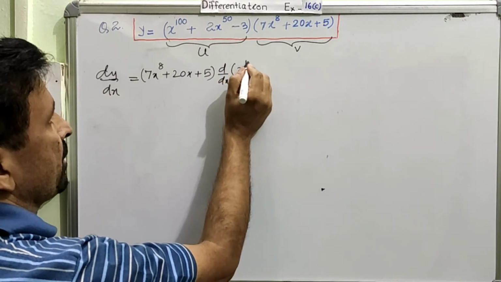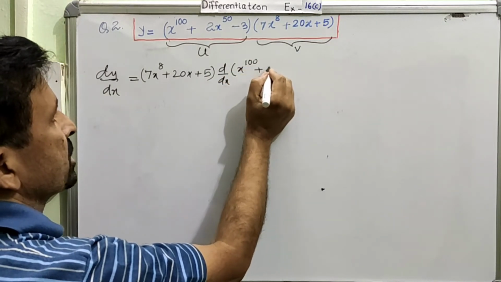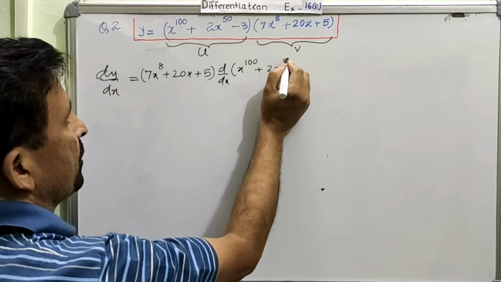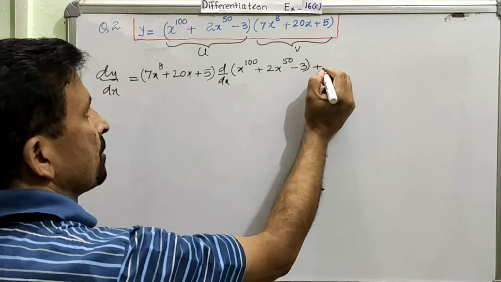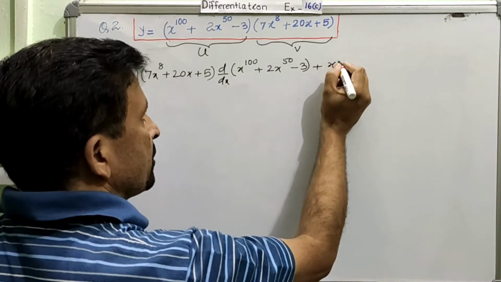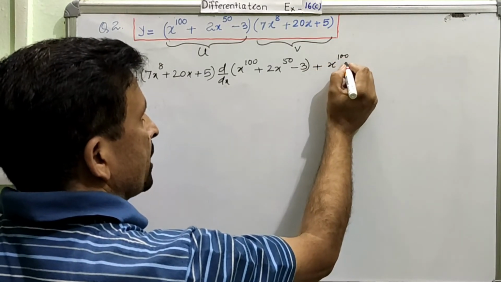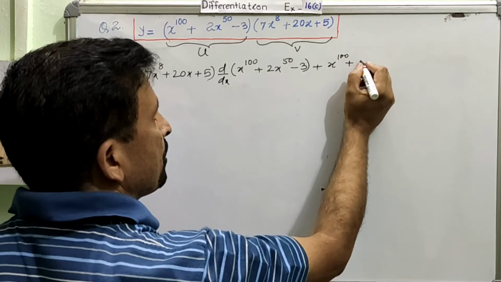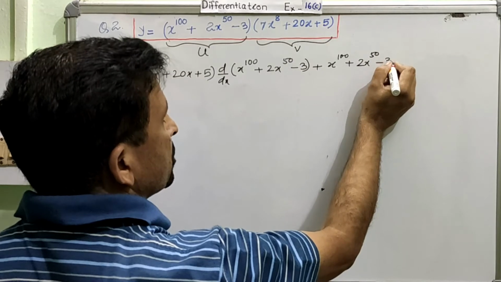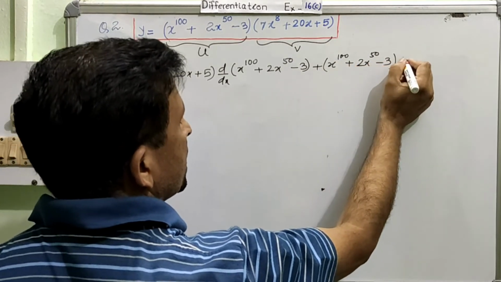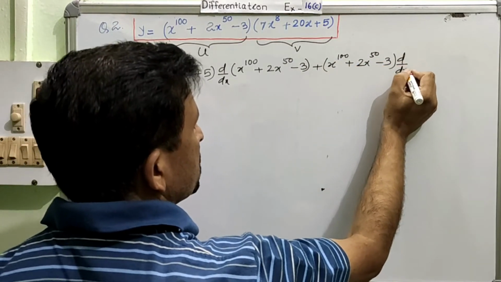First function kept as it is, another function is going to be differentiated, right? So this is x to the power 100 plus 2x to the power 50 minus 3, right? Other function now plus. So the function which is differentiated will be now kept as it is, will be 2x to the power 50 minus 3, and then differentiate the other function which is not differentiated.